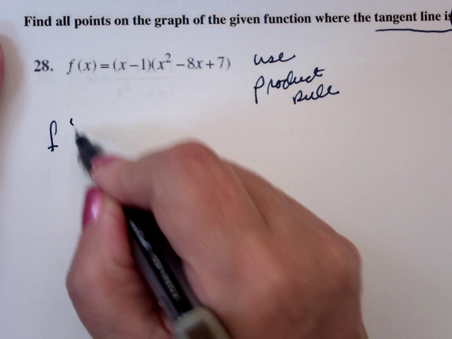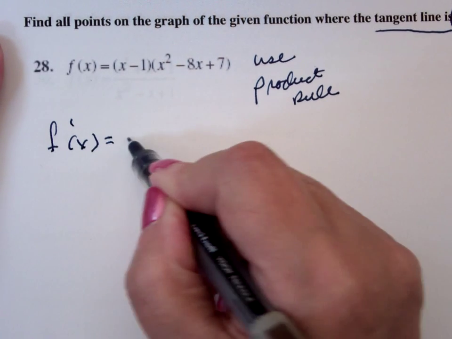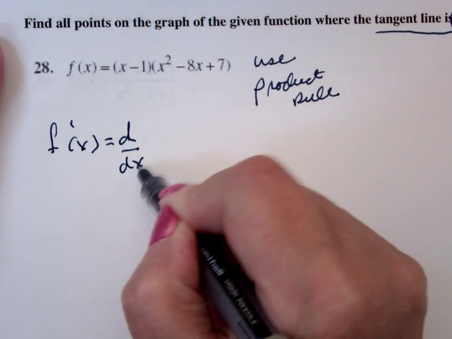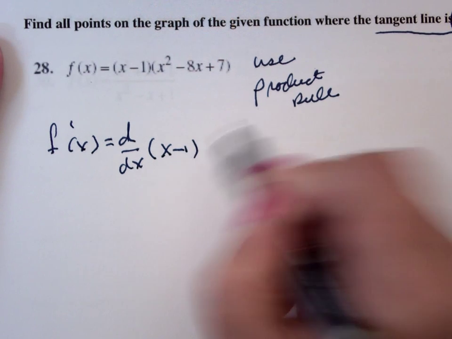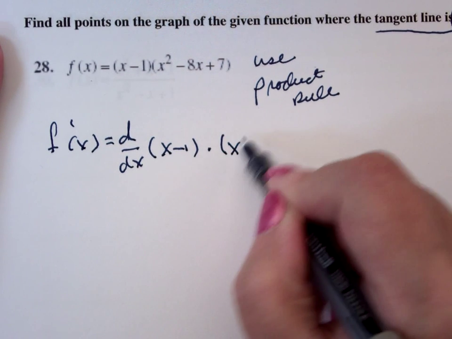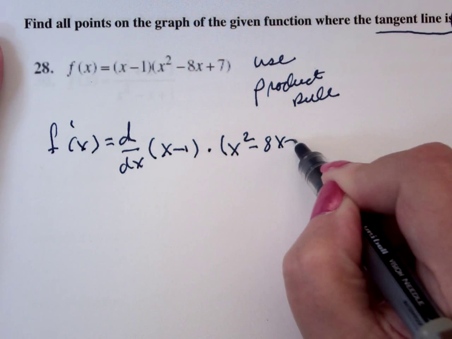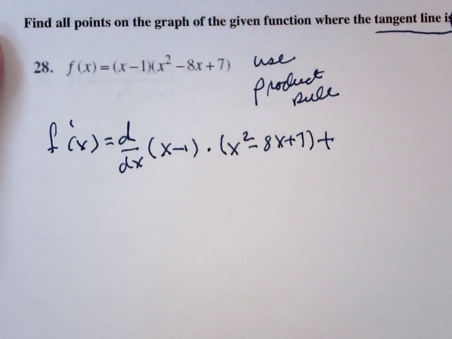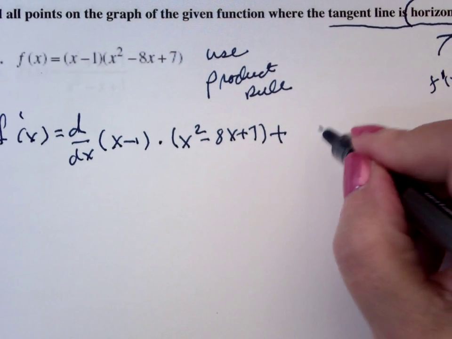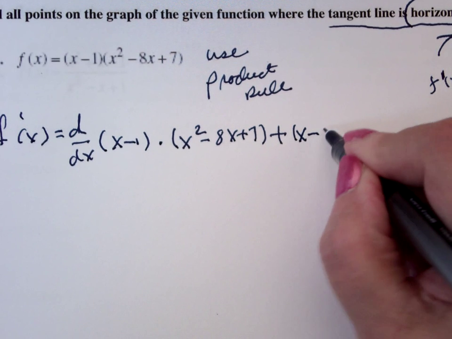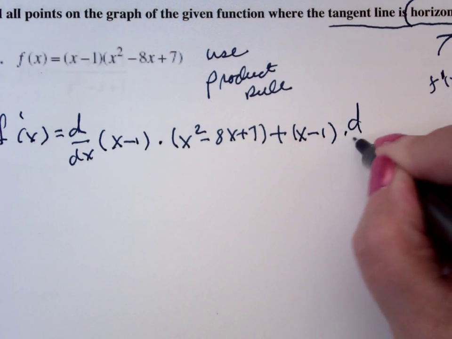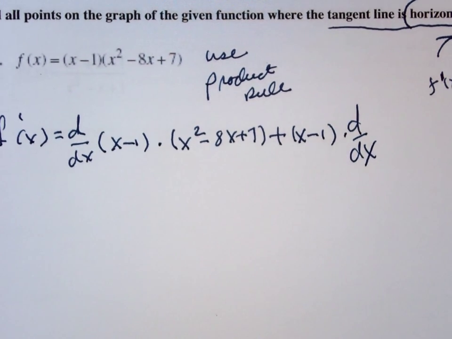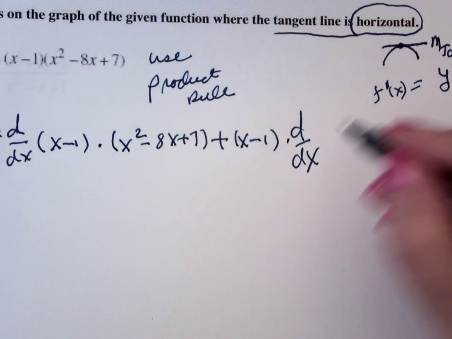So that f prime of x is the derivative of the first times the second plus the first times the derivative, I say I'm going to have fun with this, of the second.